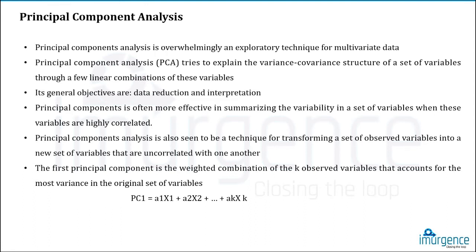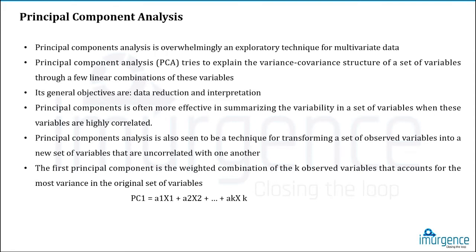If two variables are very highly correlated, when you're doing some other technique like linear regression, you might transform them into a new dimension by using principal component analysis, wherein the sum total effect of their variability is captured and the existing two variables are removed from the whole data analysis. It's also a technique for transforming a set of observed variables into a new set of variables that are uncorrelated with each other. That is about understanding multicollinearity and reducing it by using principal component analysis.